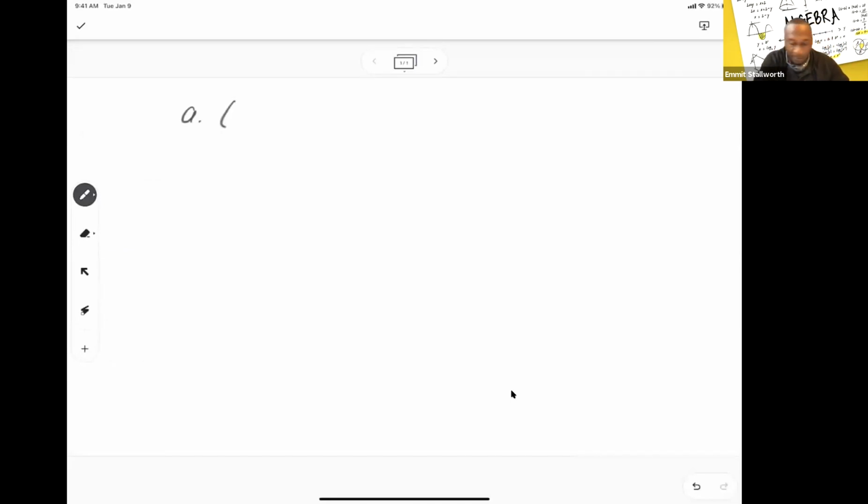Looks like we're going to have (-3, -3) and (0, 4). So what we're going to do here is use this formula. Our formula is m is equal to y sub 2 minus y sub 1 over x sub 2 minus x sub 1.